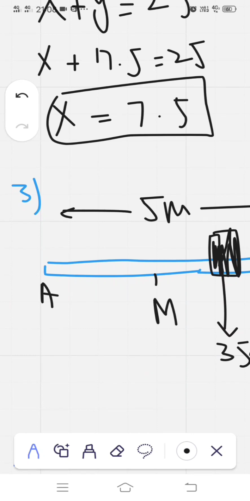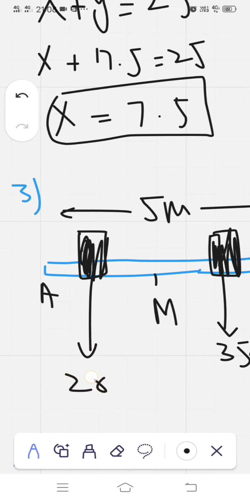Now Jill has the mass 28 kg. This is the Jill, in the downward direction, and 28 G Newton. The G value is 9.8, we know that.